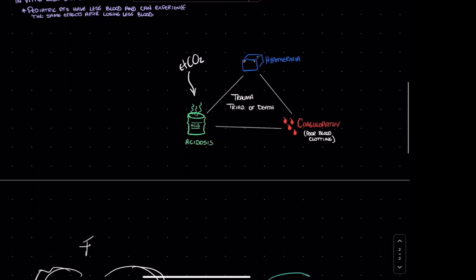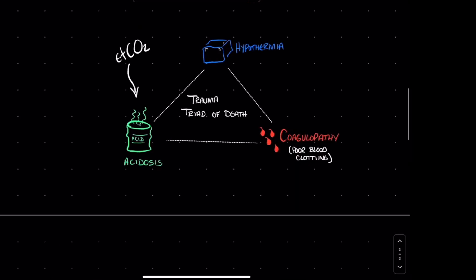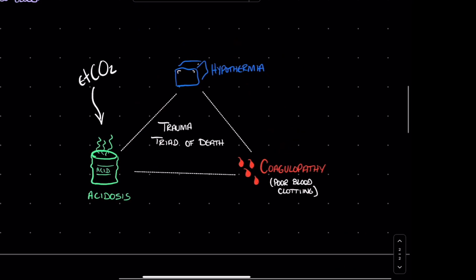I might as well continue on from here, I guess. So the next discussion is about the trauma triad of death. These are things that you'll find that contribute to a patient's morbidity status.